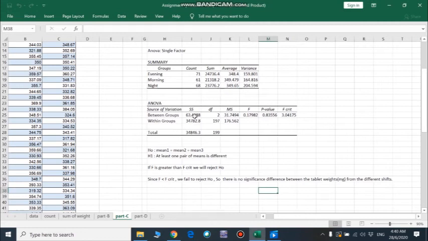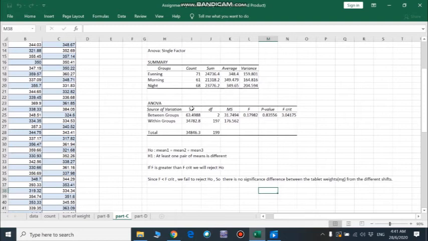For question C, we are asked to comment on whether there is a significant difference between the tablet weights from the different shifts. In this question, we are going to use the ANOVA. This method allows us to compare several group observations, all of which are independent but possibly with different means from each group.